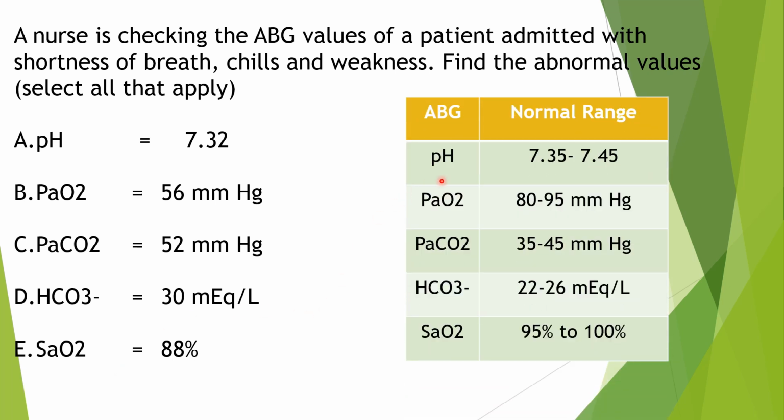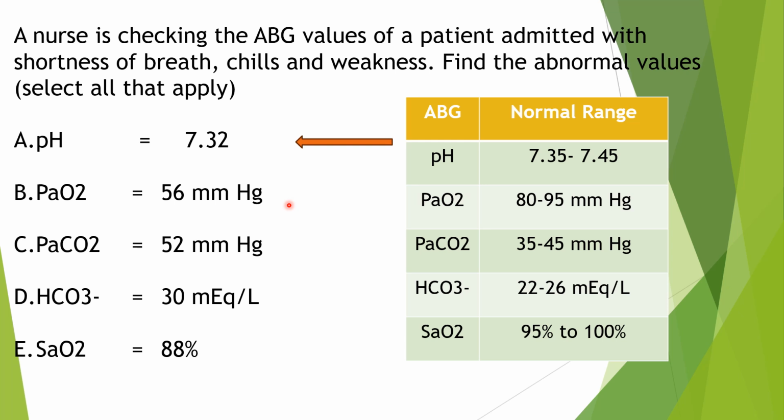pH is 7.35 to 7.45, but here the pH is 7.32, which is less. That means there is an abnormality. Second one, partial pressure of oxygen. It should be between 80 to 95 mm of Hg. Here you can see it is 56 mm of Hg.